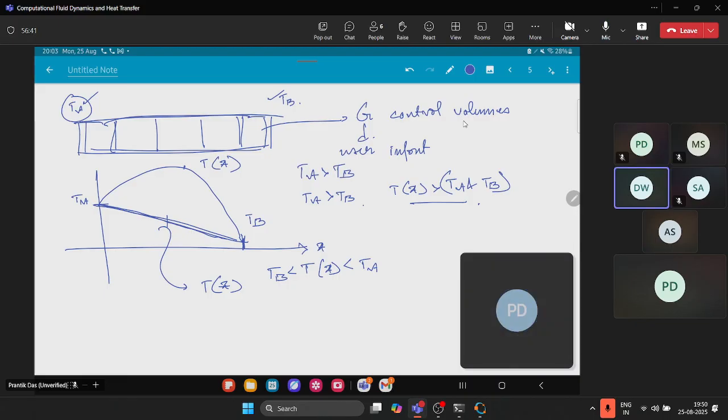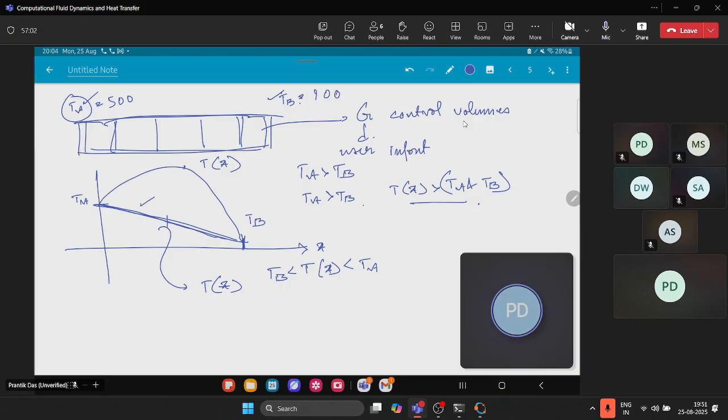So just one small doubt. Initially somewhere you mentioned that the west end is 100 and the east end is 500 degrees Celsius. Yes, you can. TA I am taking to be 500 and this to be 100. Then the temperature profile will be like this one.